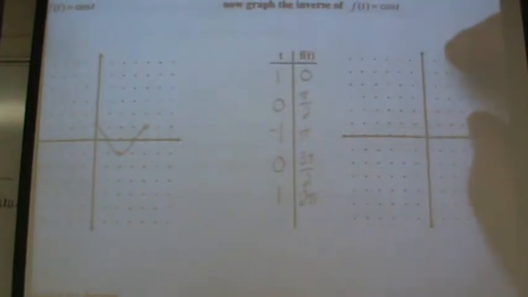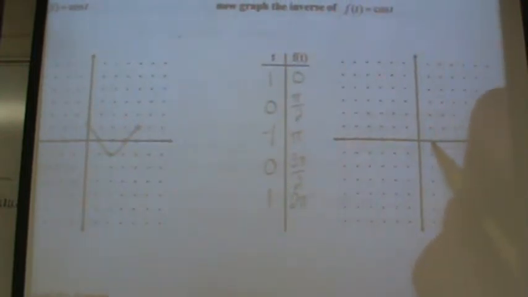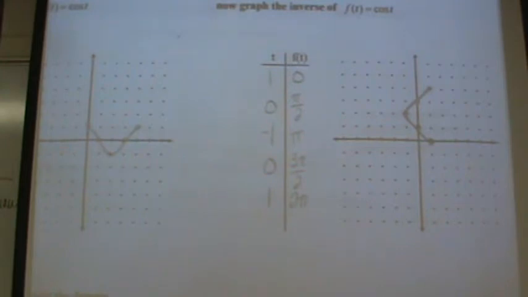Basically now we're going up the y-axis rather than using the x-axis. So we'll start at 1, 0, and work our way up like that. So we get that cosine curve.